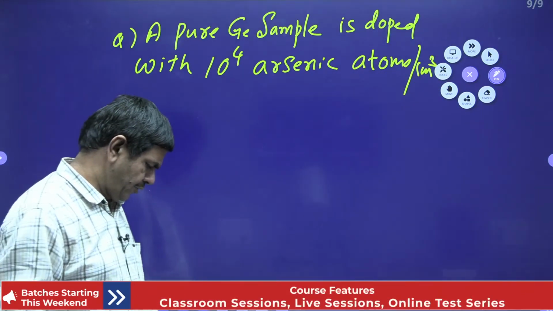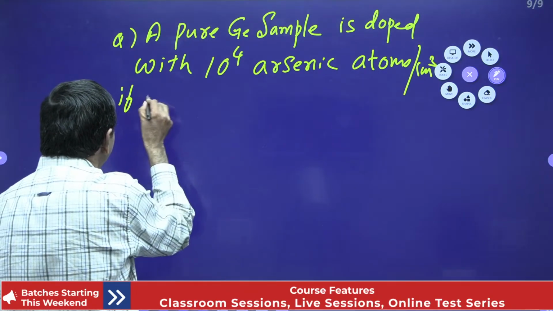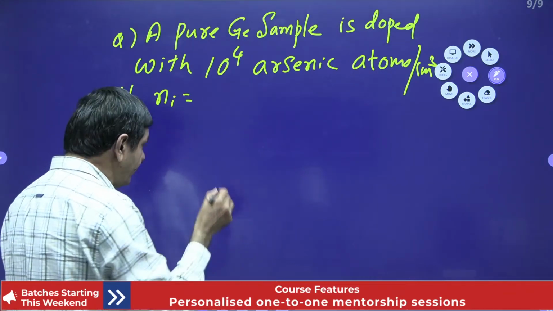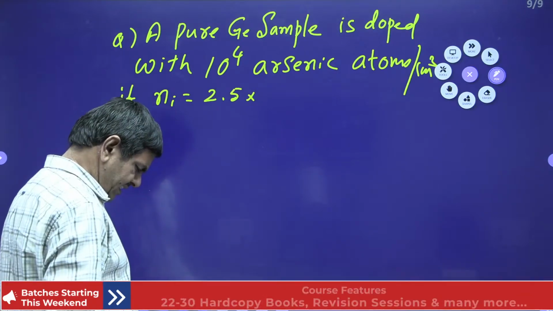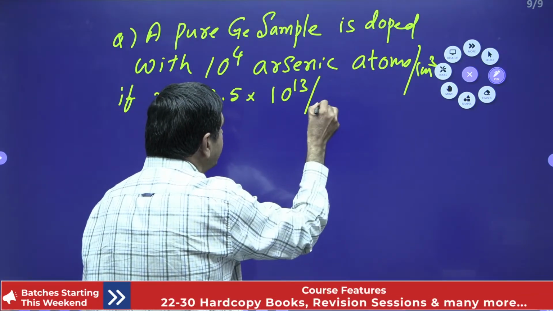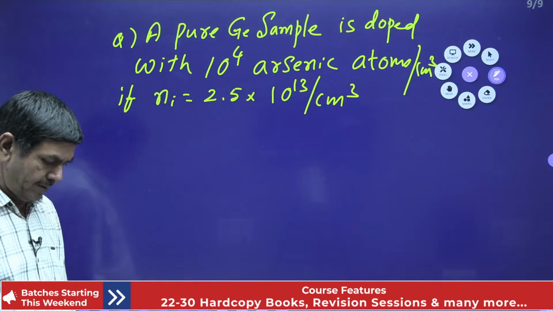If the intrinsic concentration Ni equals 2.5 into 10 power 13 per cm cube. That is the intrinsic concentration given in the problem.